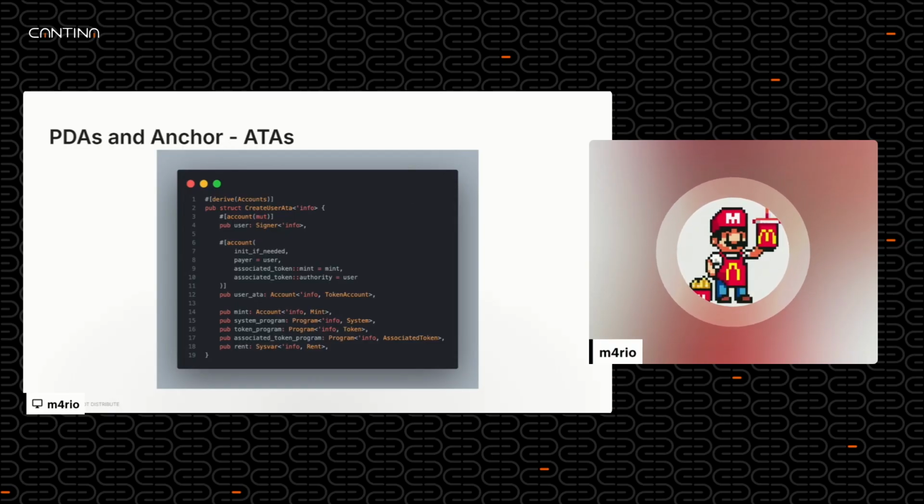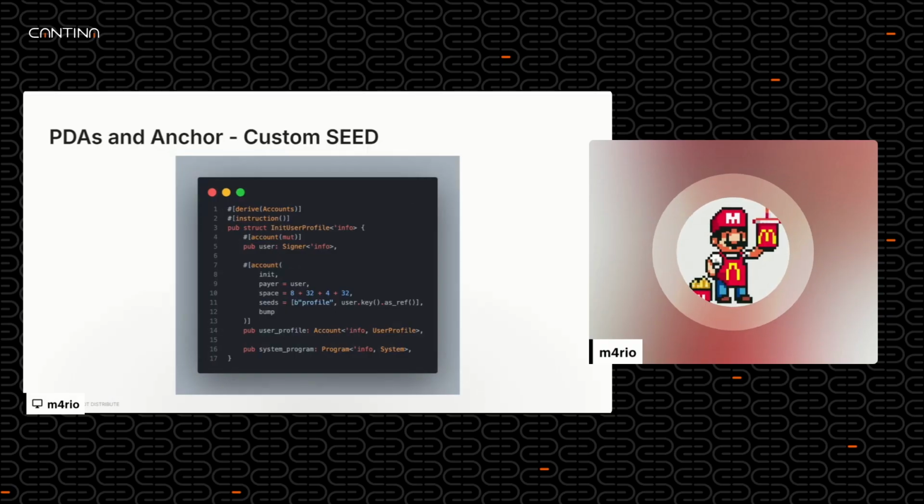But this is just ATAs, right? Let's talk about custom seeds, because you can also create PDAs with custom seeds. And if we look here at the user profile, we have this field, seeds, that lets us specify what type of seeds we want to use to derive this PDA.